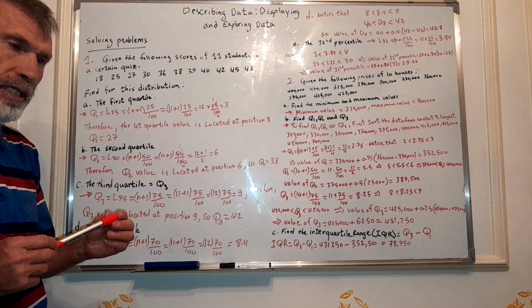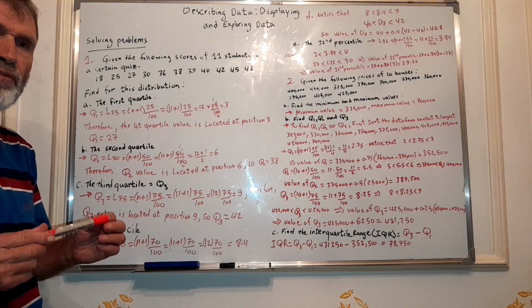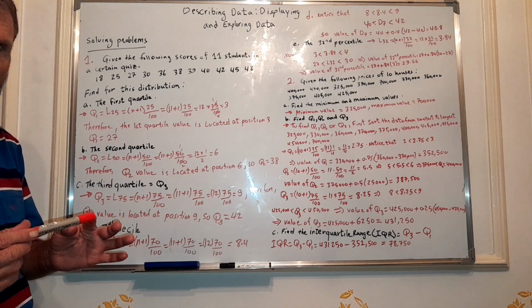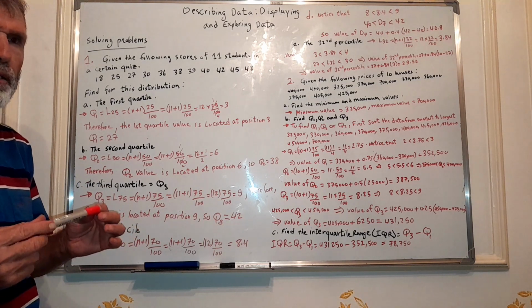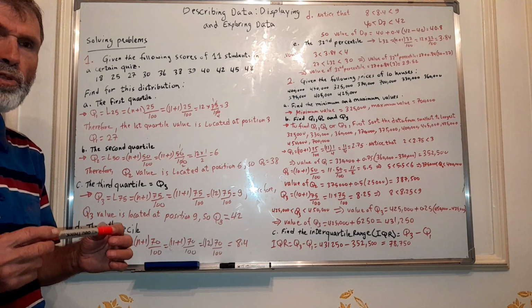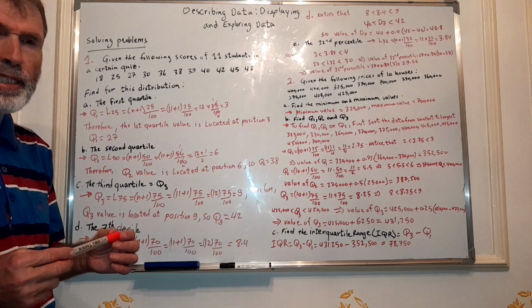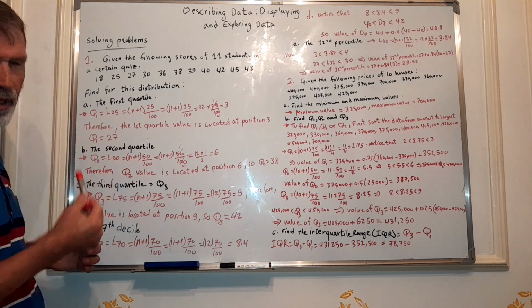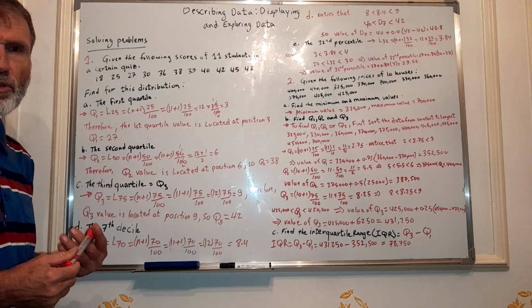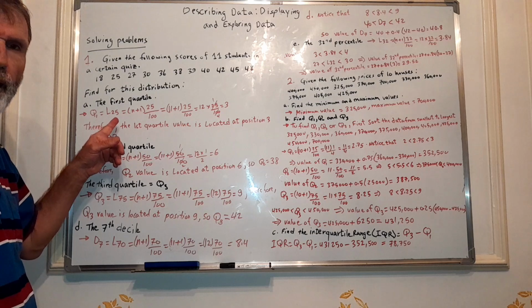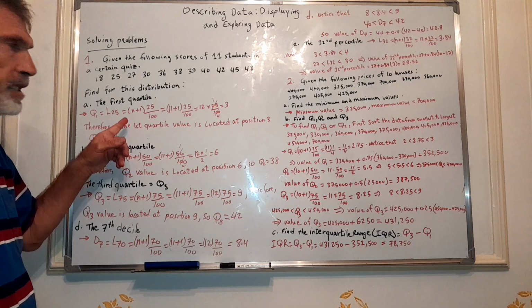Q1 is basically the value below which 25% of the observations occur. So to find the location of Q1, we're going to use this formula, L25, because 25% of the observations occur.